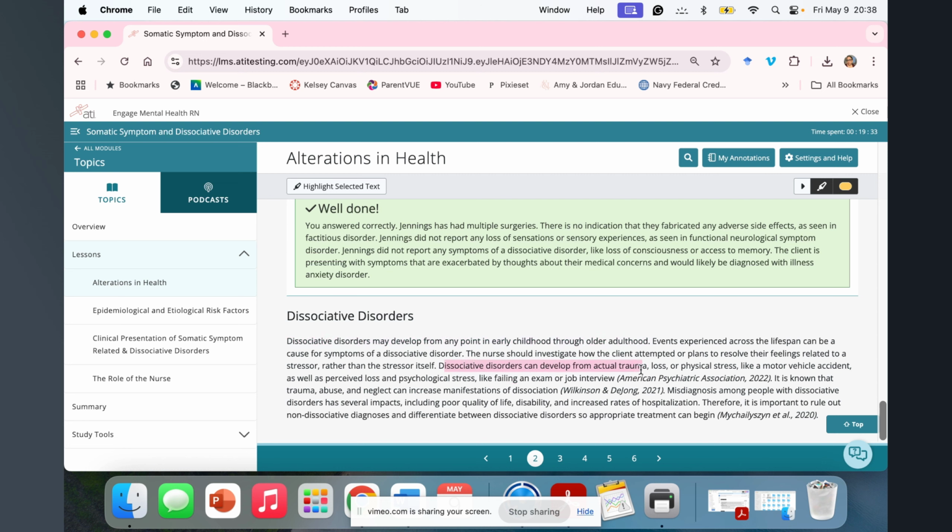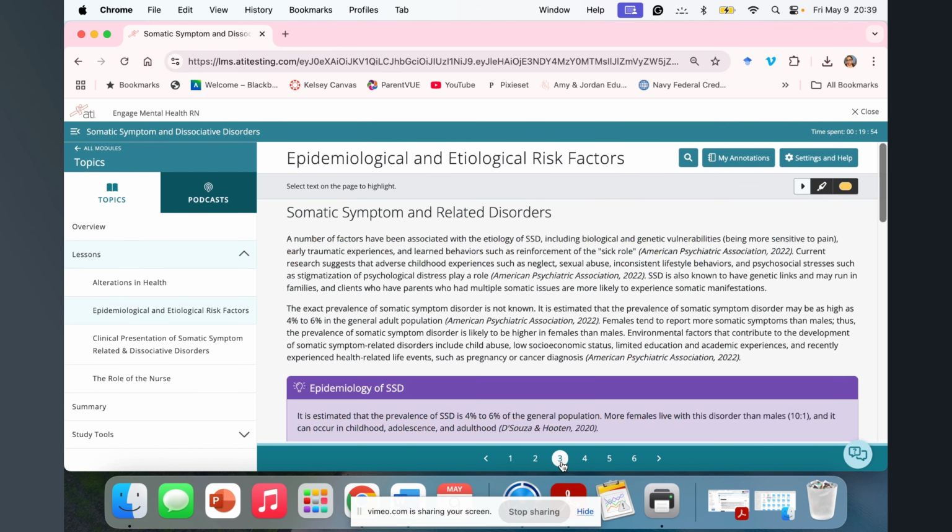Dissociative disorder can develop from actual trauma, loss, or physical stress like a motor vehicle accident, as well as a perceived loss, or psychological stress like failing an exam or interview. Okay, so it's very important that you understand this can happen at any time, essentially based in anxiety or stress.